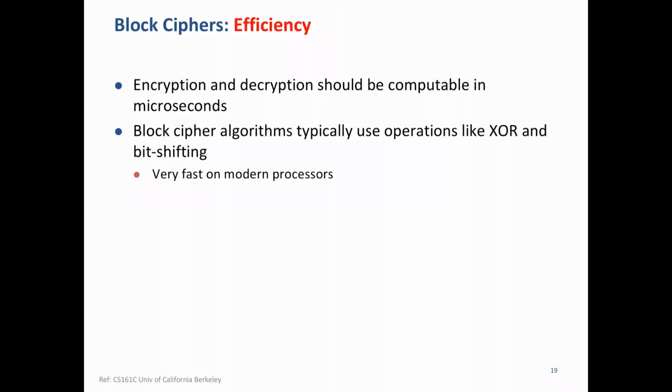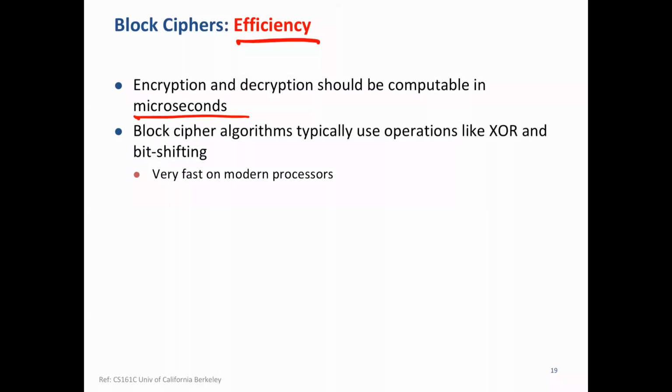Okay, any question up to this point? Okay, it should be efficient. It means that the encryption and decryption algorithm should be fast enough, possible to do in microseconds. The operations of encryption and decryption we have seen in the case of the one-time pad are nothing but exclusive OR.